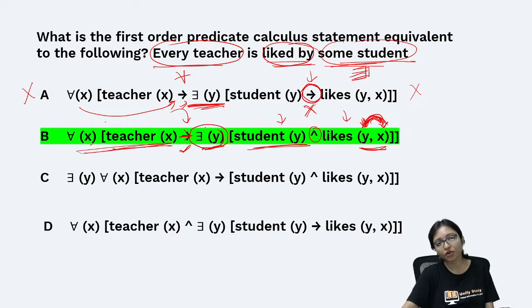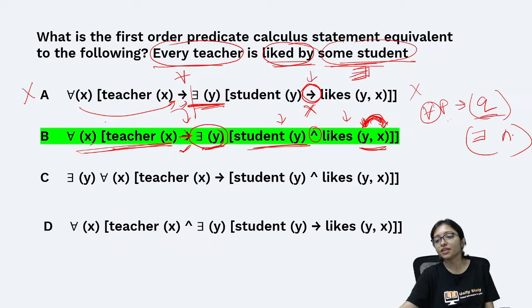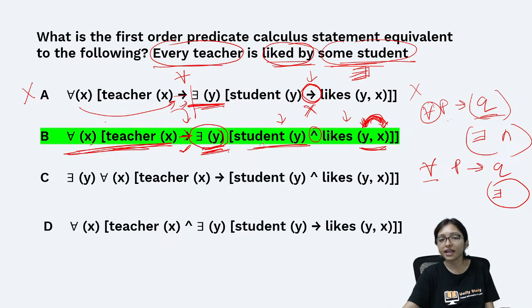It is actually P implies Q, with the for all, but in the Q part there exists y, that is some student. So for that there exists we will use and, right? First part is for all P implies Q. It's okay with for all. But in the Q part there exists is there. So whenever you are talking about some student, you have to use and, not implication.